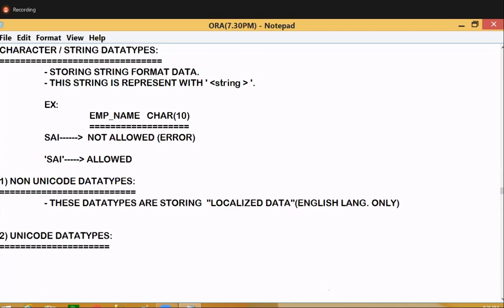Local. Non-universal is nothing but local. Now, if you want to ask what is the local language of the world? Come on guys, what is the local language of the world?